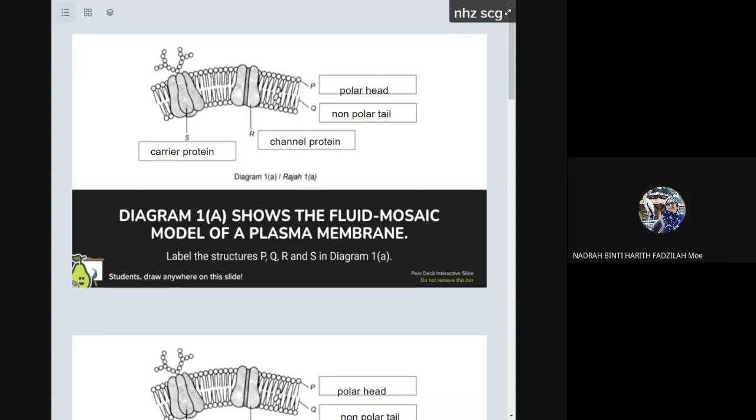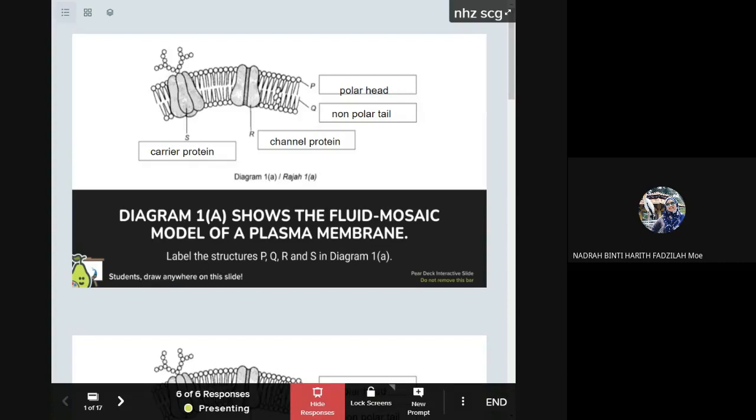So, bila saya tengok balik reflection about what we have done last Wednesday, ada yang masih lagi keliru mengenai active transport. So, we take a look a bit at active transport. Okay, kita tunggu sekejap. Ada seorang lagi tengah tulis.